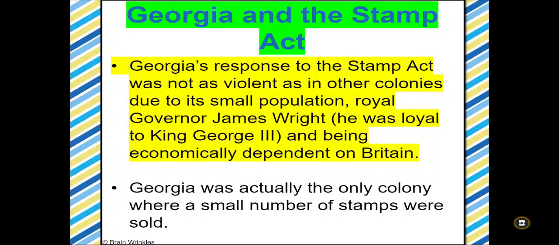James Wright was the governor during this time, and he was still very much loyal to King George III. So they were besties. And because they were so poor, Georgia was very much still economically dependent on Great Britain when it came to financial backing.